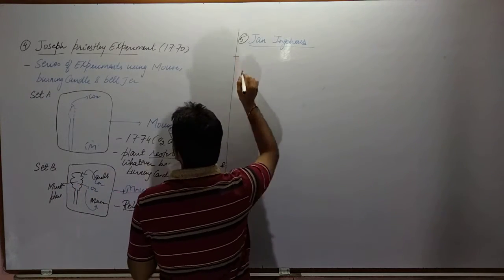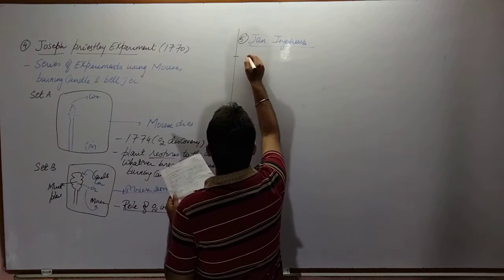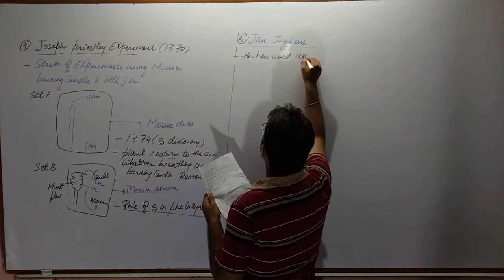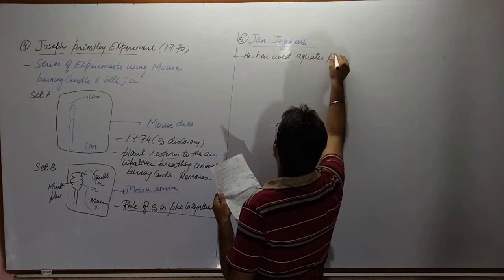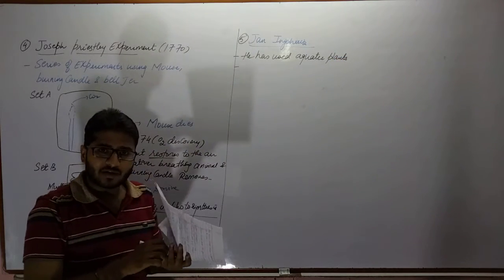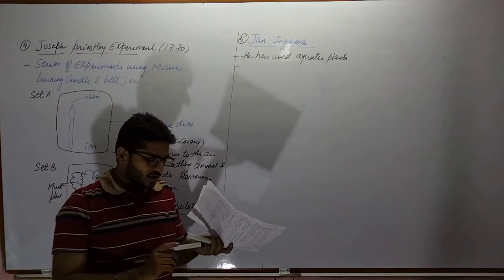Jan Ingenhousz utilizes the same setup, right, but with a slight modification, that he used aquatic plants. When the aquatic plant was used, one setup he exposed to light and the same setup was exposed to the dark.